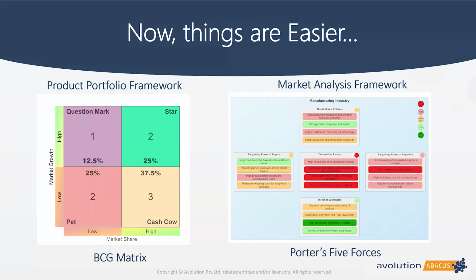So in terms of the product portfolio framework, you definitely know the famous one, the BCG Matrix, basically allowing us to analyze the market growth and market share for existing products to decide, okay, which ones could be the potential candidate for our strategy, or if we have a new potential product, how are they likely to fall under each of the categories. And similarly for the market analysis, we have Porter's 5 forces.